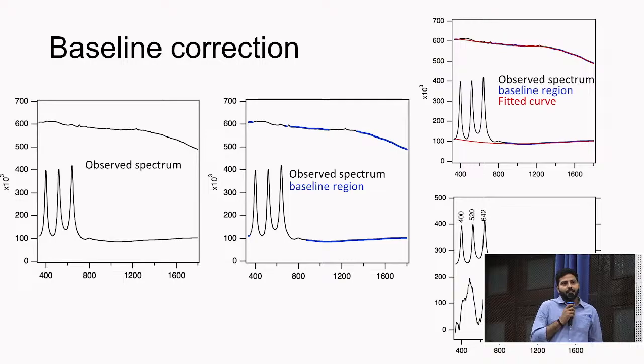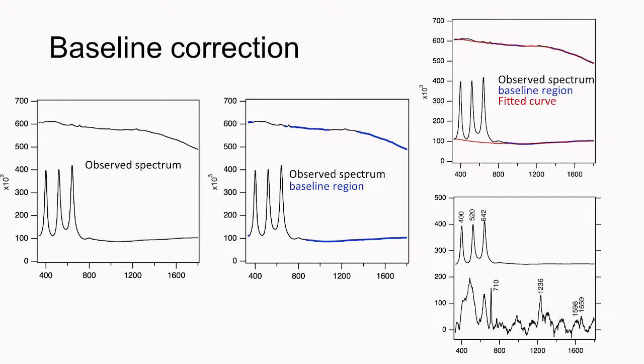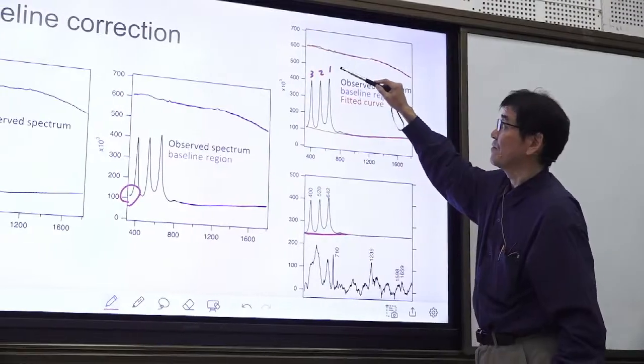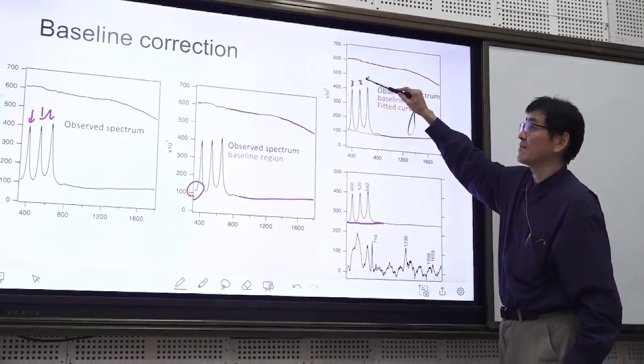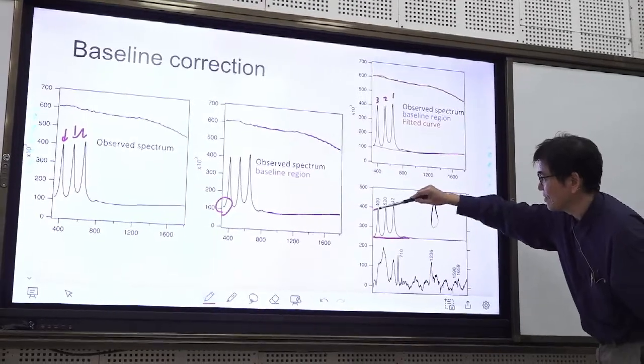So why does it change? The ratio of the 3 peaks changes, you mean? Yes, these 3 peaks after doing the baseline correction. I don't think so. This is the largest, second largest, third largest. And this is also.